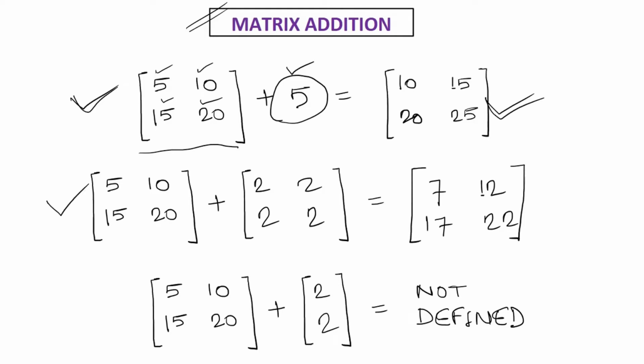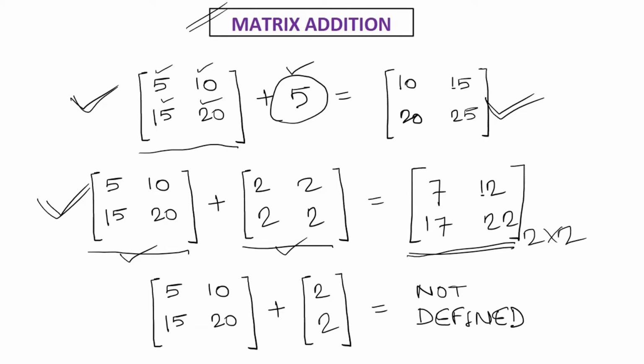And in the second example, I have tried to add a matrix with another matrix. Pay attention that both these matrices have a similar shape. Both have a shape of 2 by 2. And of course, when you are trying to add a matrix with another matrix of similar shape, then the output will also be of the equivalent shape. As you can see, the output is also 2 by 2.